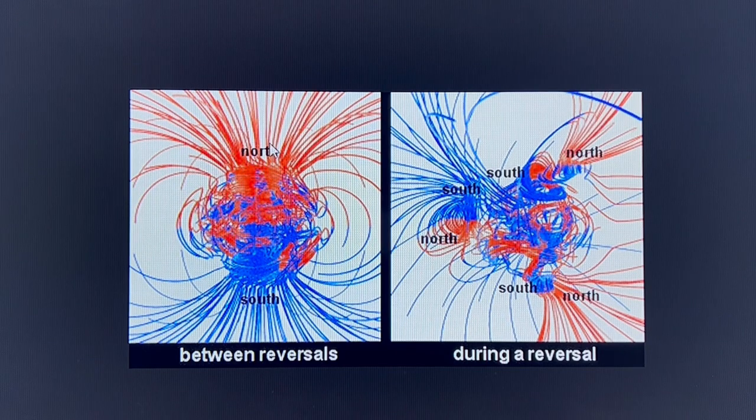Between geomagnetic reversals or excursions, our magnetic field is more or less stable, organized, defined. However, during geomagnetic excursions, such as we're in right now, they become disorganized, destabilized, weakening our protective magnetic field. In fact, we can develop multiple magnetic north and magnetic south poles.